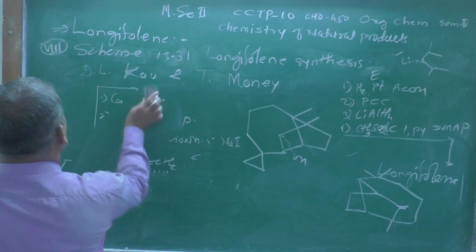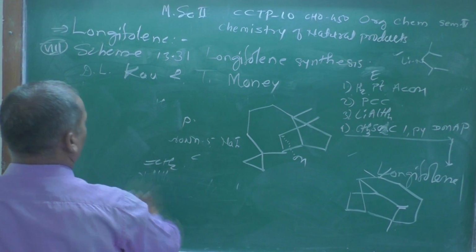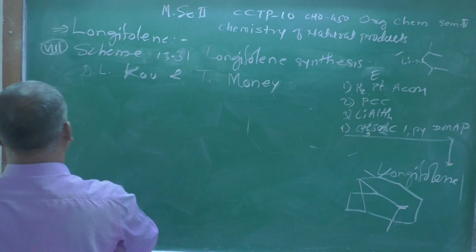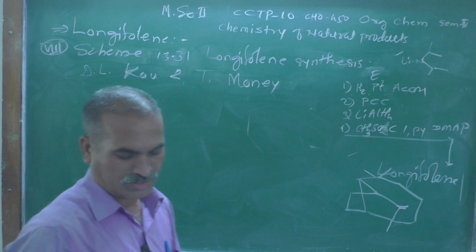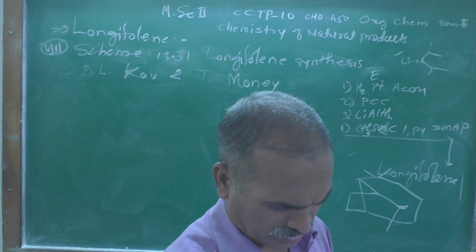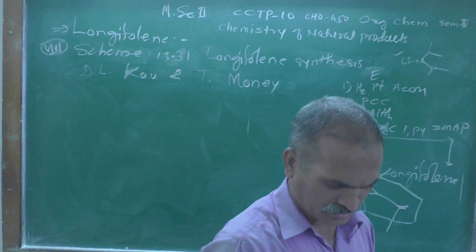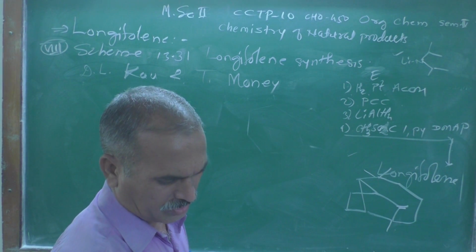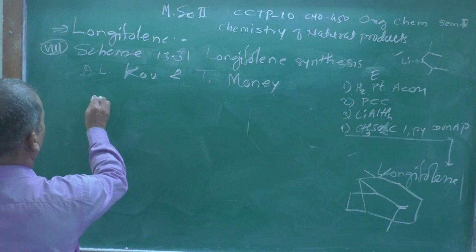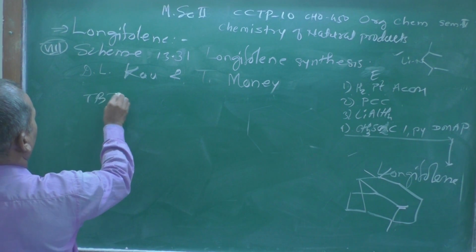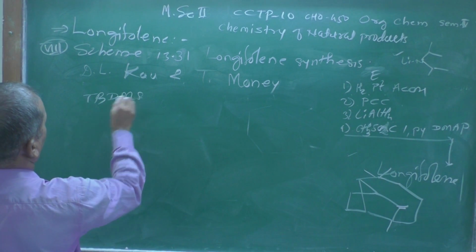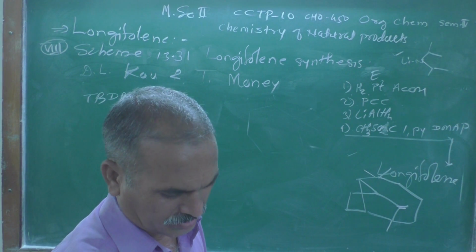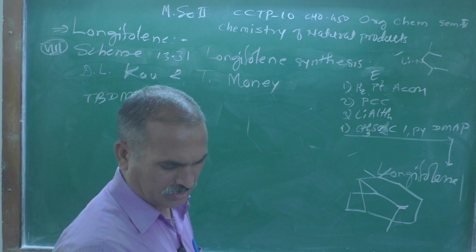Let me show some abbreviations which we have used in this synthesis. One is TBDMS, that is tertiary butyl dimethyl silyl chloride.